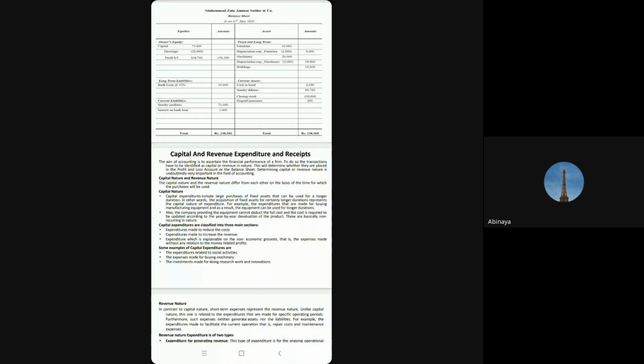When you are purchasing assets, investments, plant and machinery, these are all benefits derived for more than 1 year. For that you are purchasing furniture, plant and machinery. That is called capital expenditure. Capital expenditure will be shown in the assets. Take it as an asset, right?